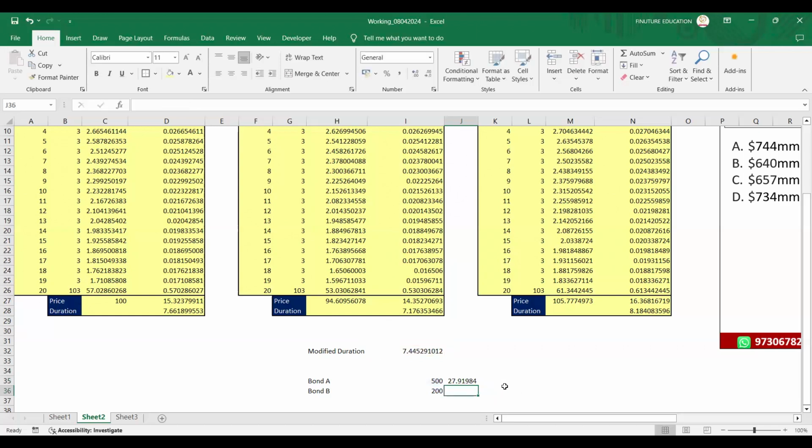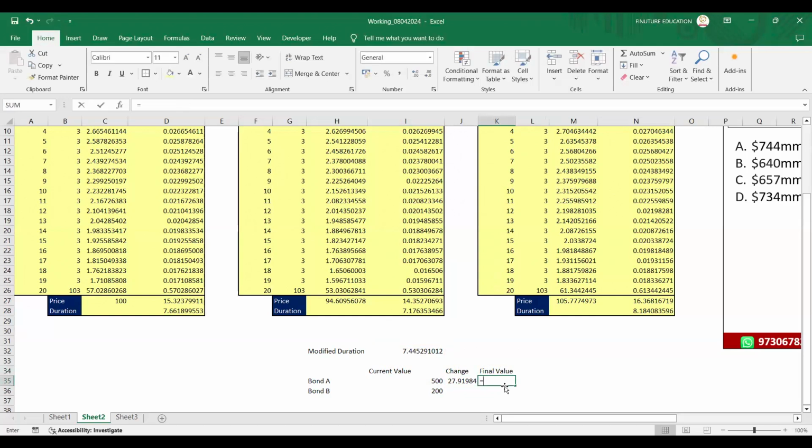So this is my change. This is my current bond portfolio value. This is the change, and this is the final value I'll get. So the final value in change in bond is 500 minus this value. And can anyone tell me what is the duration of a zero coupon bond?